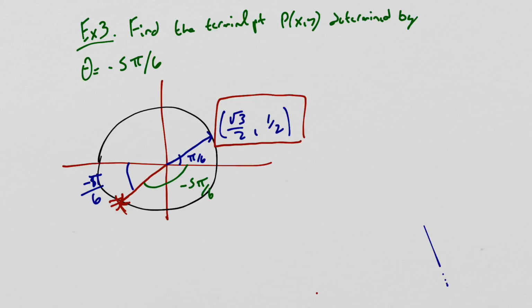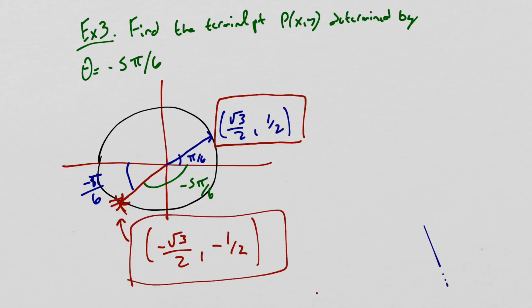Since our x value here is negative and our y value here is negative, the signs for this point are going to be given by a negative square root of 3 divided by 2 and a negative 1/2. And these are the values for our terminal point.